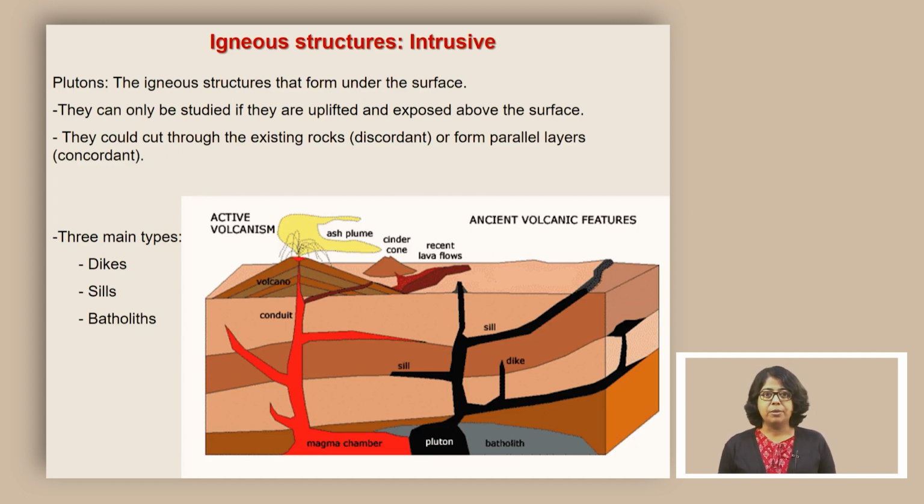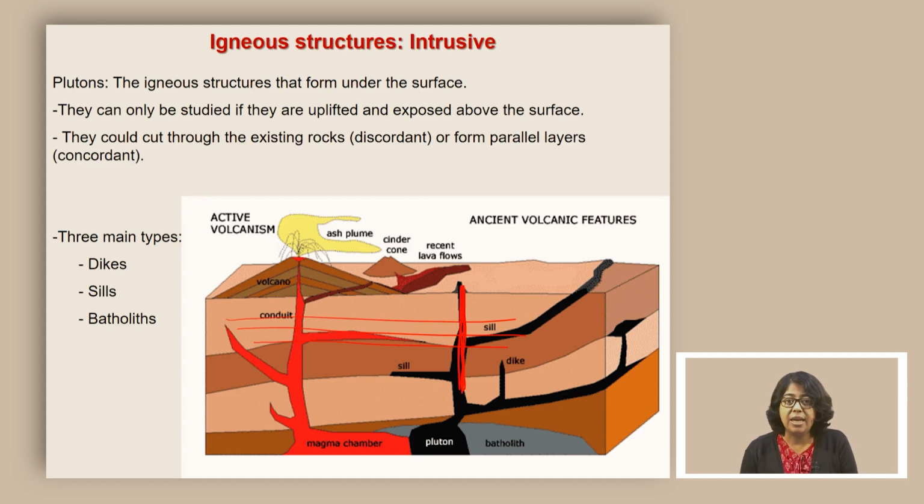and what the different types are. So, as long as these plutonic structures are cutting pre-existing rocks, they are called discordant structures. One example would be if the pre-existing structures have a pattern like this, and there are igneous structures which are cross-cutting these pre-existing rocks, then these would be called a discordant structure.